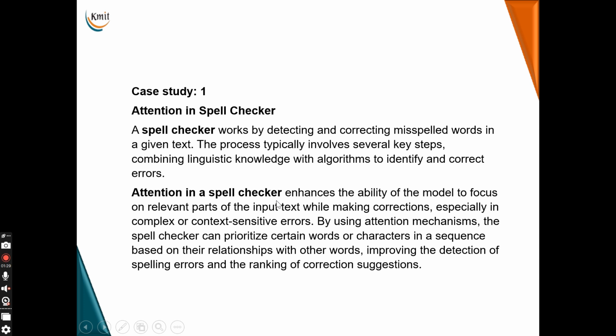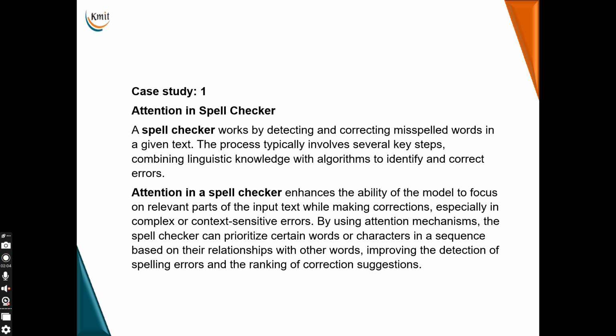So, attention in a spell checker enhances the ability of the model to identify the input text and show the corrections needed, especially when you are working with context sensitive errors. The baseline spell checker is unable to show us the context sensitive errors, whereas when you introduce an attention mechanism in the spell checker, it is able to give you the context sensitive errors.